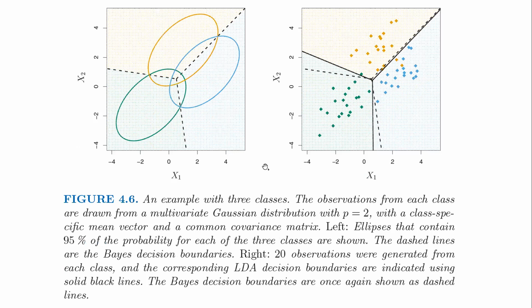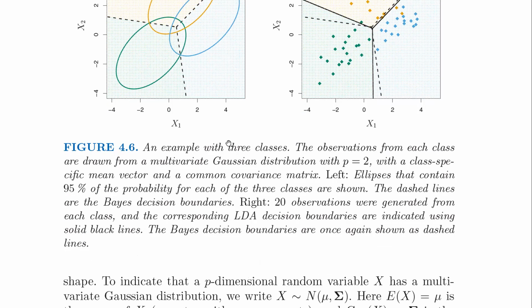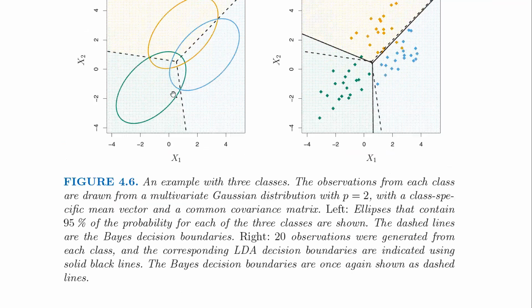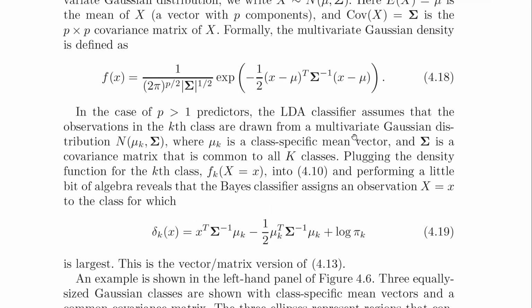This diagram is an example with 3 classes, and each ellipse is the multivariate Gaussian distribution that we're assuming.